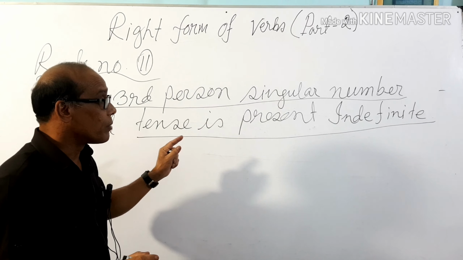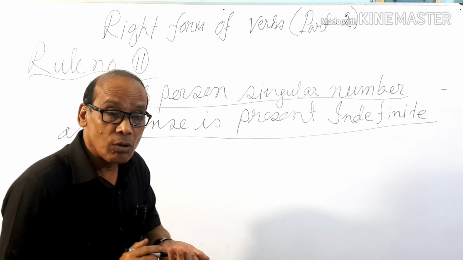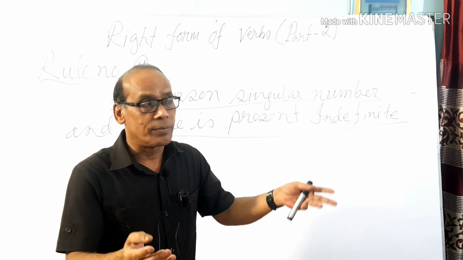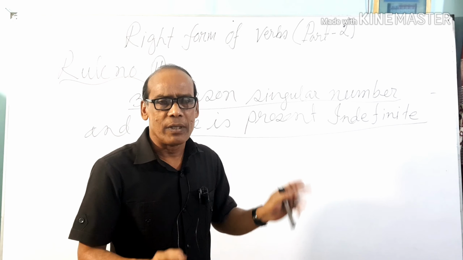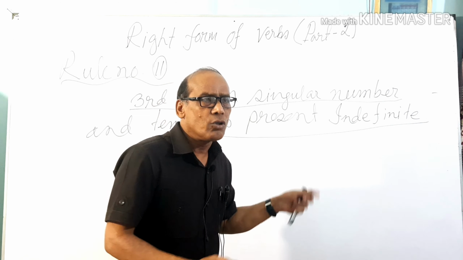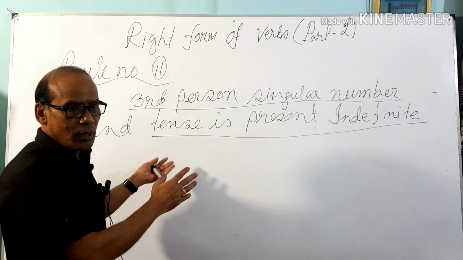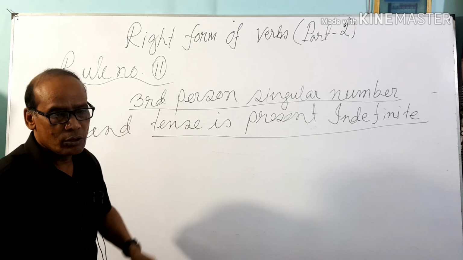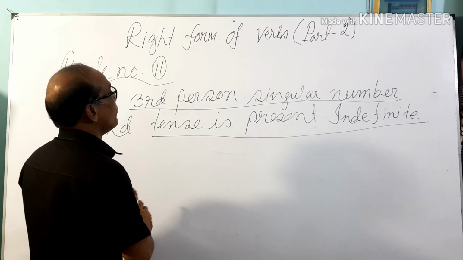But the subject may be third person singular number, but that may be a different tense, present continuous, present perfect, or except present indefinite. There are some other tenses. In those tenses, this rule is not applicable, but here it is applicable.